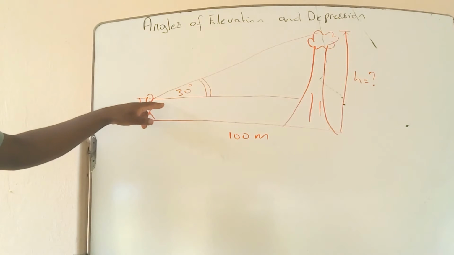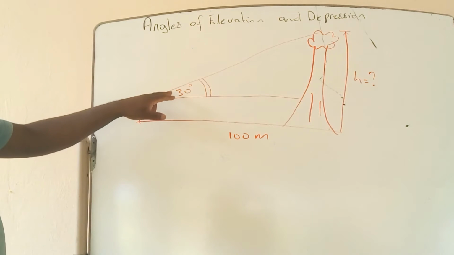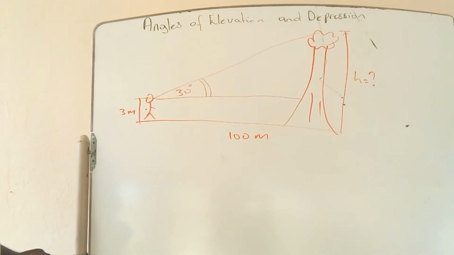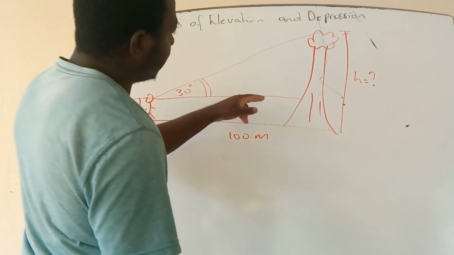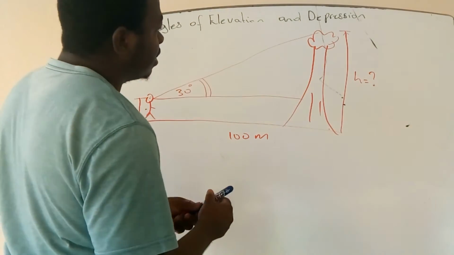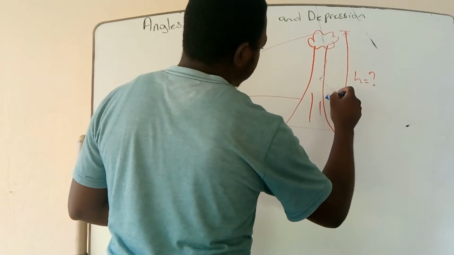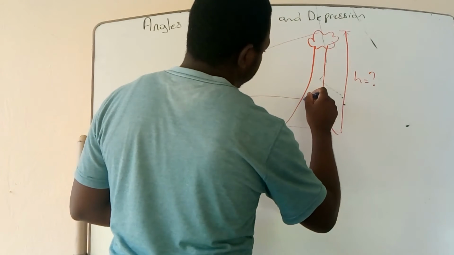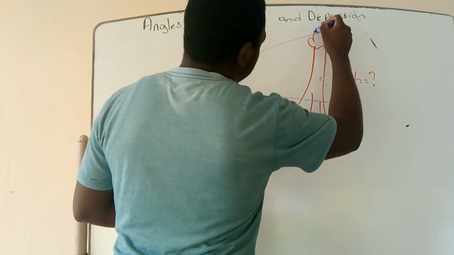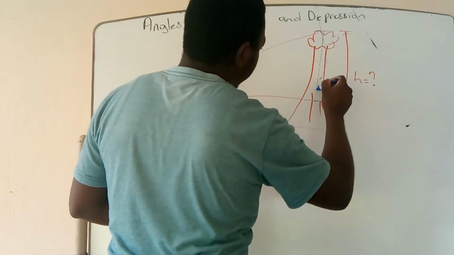Now, because you know the angle of elevation, which is 30 degrees, you can go ahead and find the distance of the tree from this section here to the top of the tree. So you can find this height.